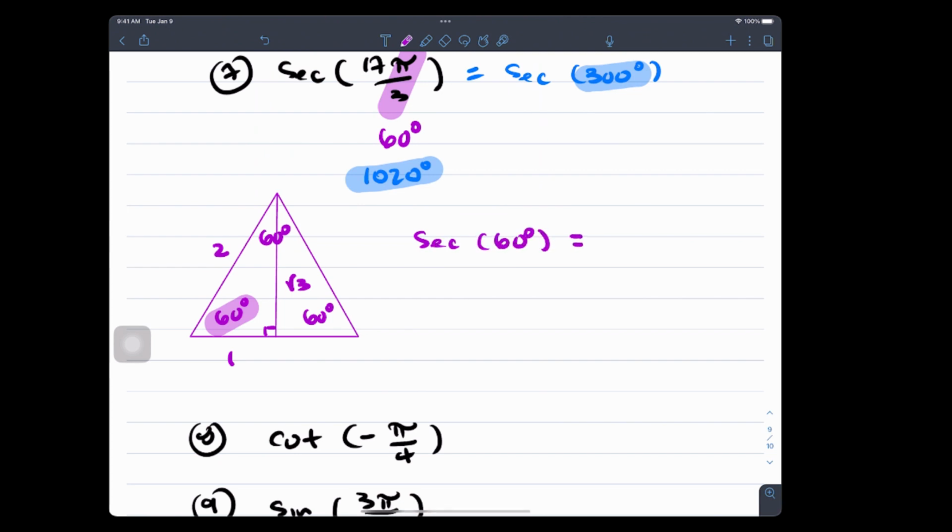Maybe you say, I don't like secant. I like what? Cosine. Okay, what's cosine? Isn't cosine of 60 a 1/2? So what is secant? Isn't that the reciprocal? It's 2. Okay, is that true? Double check.